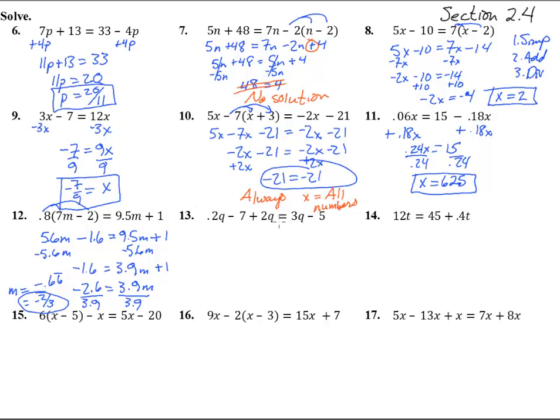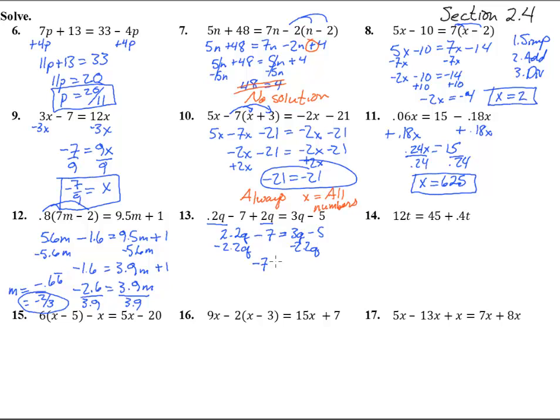Number 13. All right, we don't have any parentheses to worry about, so let's now worry about combining like terms. We get 2.2q, because there's two of them in 0.2, minus 7 equals 3q minus 5. I don't know, let's subtract the 2.2q to get the q's together. You could have subtracted 3, that would have been fine.